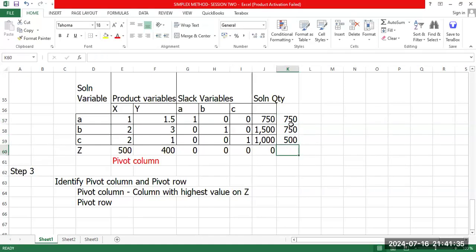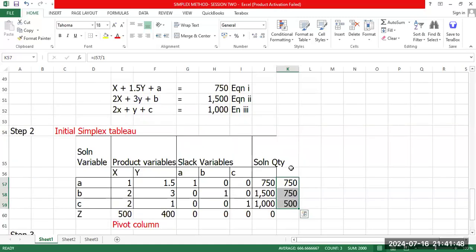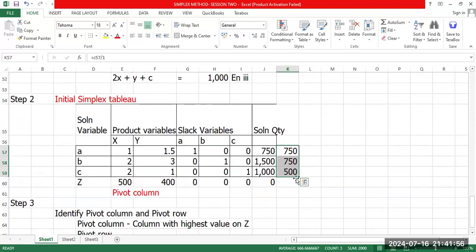Remember, this is just like a separate working or side work. Don't bring this here on your initial simplex tableau. This is just side work using the pencil. Now, from these three values, you are going to identify the lowest value, and the lowest value will give you the pivot row.